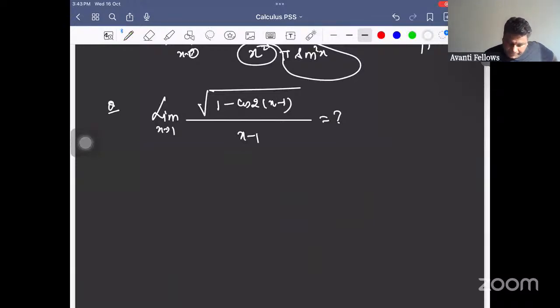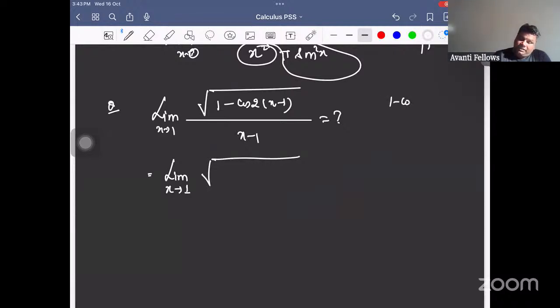See, limit x approaches 1. Now this is under root of 1 minus cos 2 theta. So you know a formula, 1 minus cos 2 theta is 2 sine square theta. Am I correct?